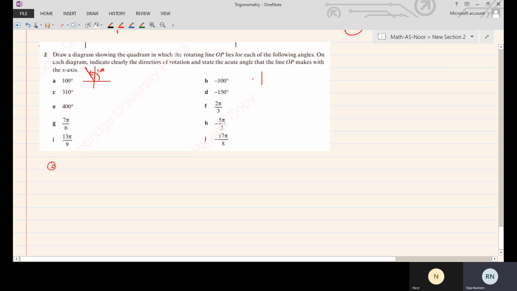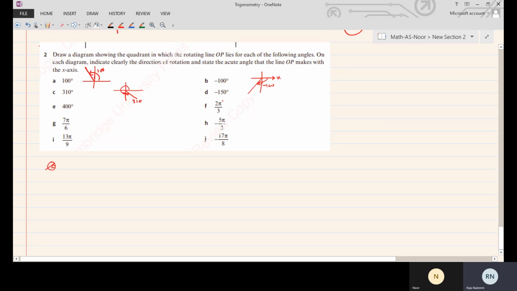But when it is minus 100, you start from the x-axis in the clockwise direction, and then you draw a line, and this would be minus 100. Okay, now for 310, 310 means this is 270, and when you add 40 degrees to this, it becomes 310.